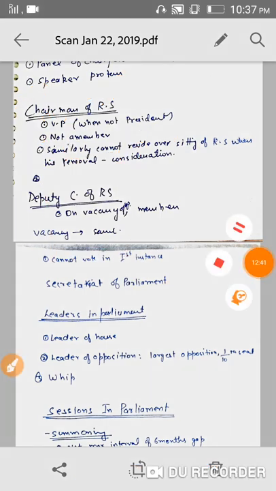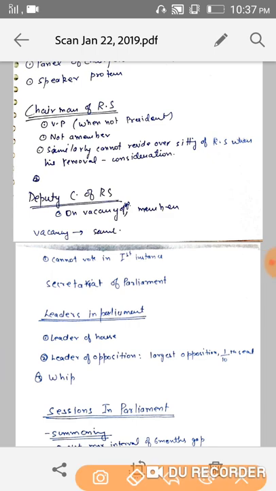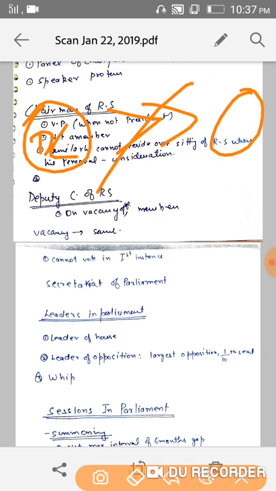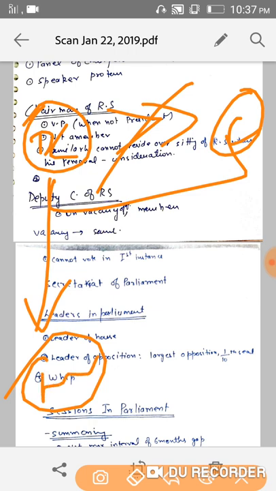Also, it has to be understood that the deputy chairman is not subordinate to the chairman, and he is equally responsible to the house itself. His expenses are also charged on the Consolidated Fund of India.